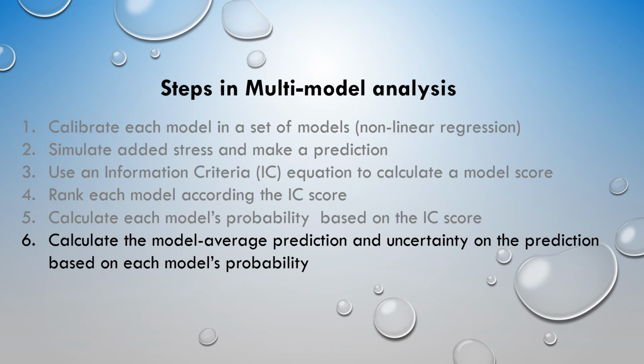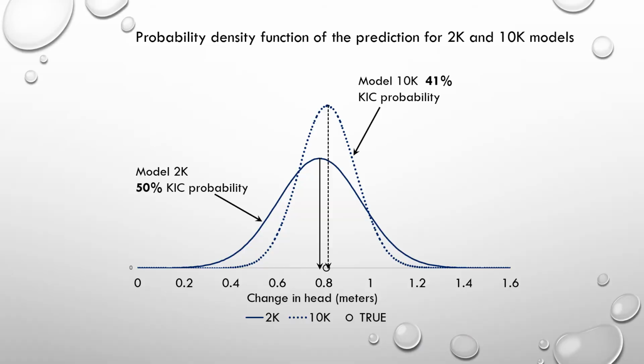Now we can calculate the model average prediction and uncertainty on the prediction based on each model's probability. This shows the probability density function of the prediction for the 2K and the 10K models. The true prediction is the open black circle.